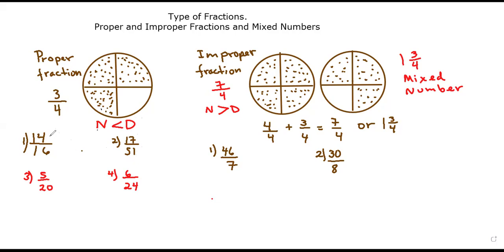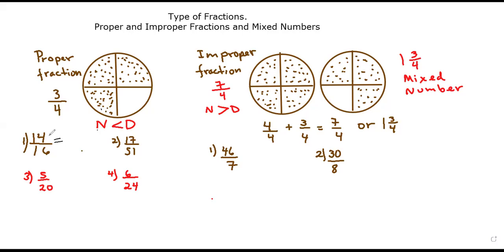Check this out. The numerator is less than the denominator, but we can figure out easily how to represent 14 out of 16 if we reduce these to lowest terms. If we simplify, these two numbers are divisible by 2.